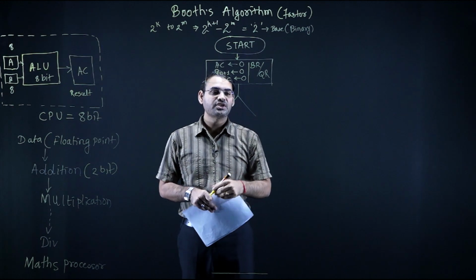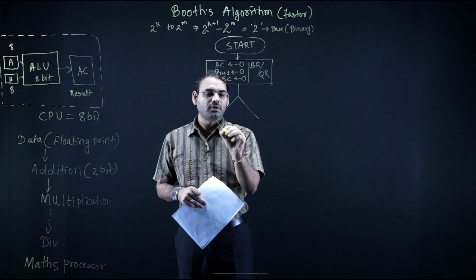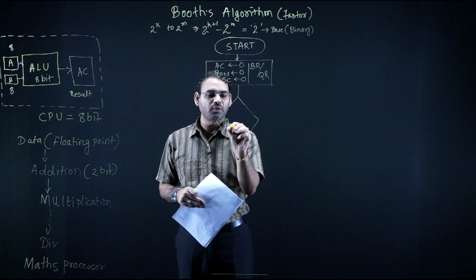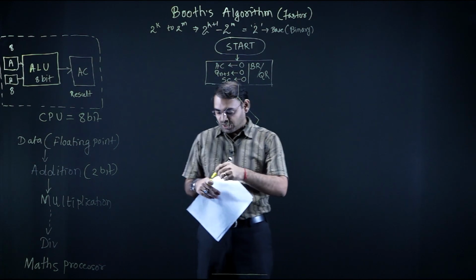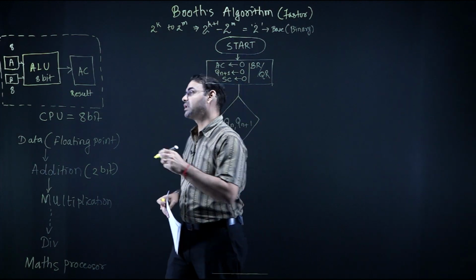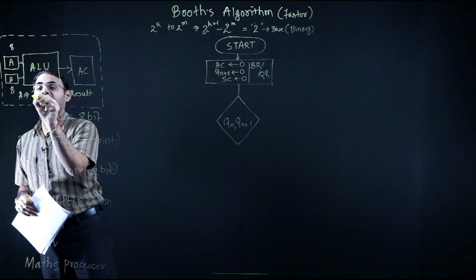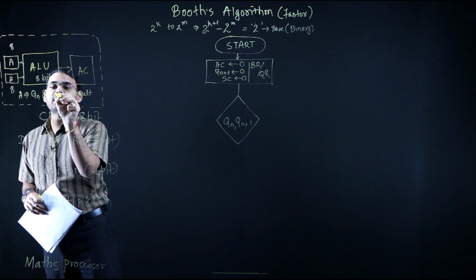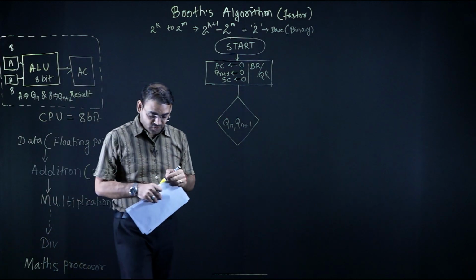This decision depends upon two factors: Qn and Qn plus 1. These two values I take, where A is represented as Qn and B as Qn plus 1. So these two operations I am performing over here.